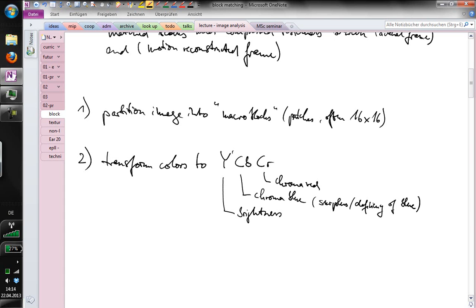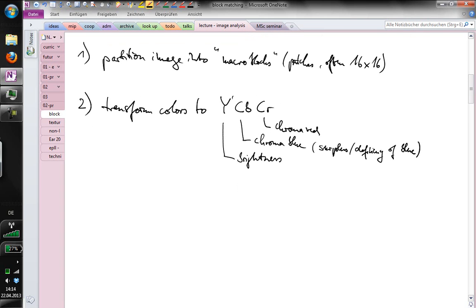You can obtain this with a linear transformation from RGB. And well, if you simply transformed it, there would be no gain and no loss. But it so turns out that brightness is perceptually much more important than the colors. And this is why these chroma channels can be subsampled.